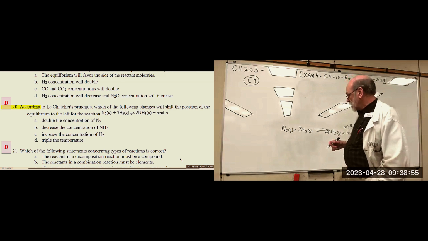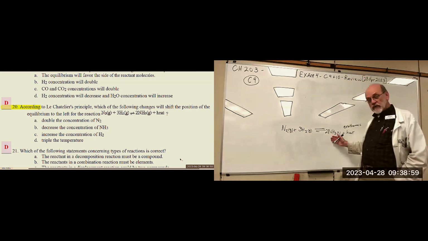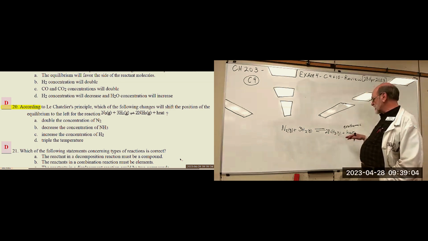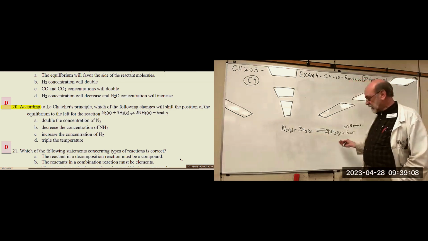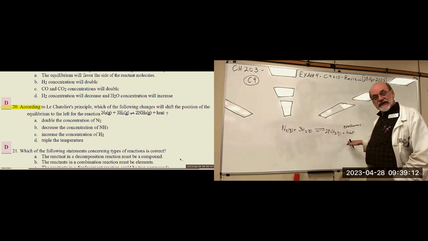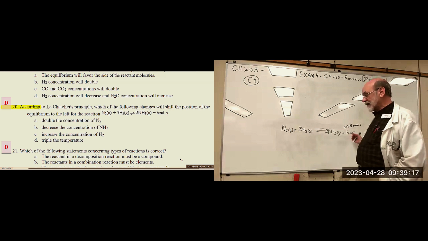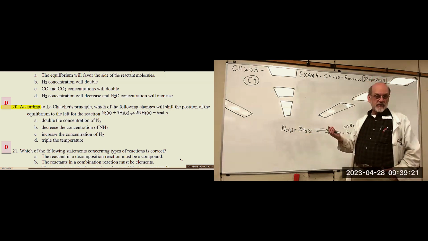Well, let's see. We could add nitrogen, we could add hydrogen, we could remove ammonia, we could cool it, we could remove heat, and that would bring it this way. Treat heat as a product. And if you add heat, it'll go that way. If you remove heat, it'll go that way. How do we do that? With temperature.